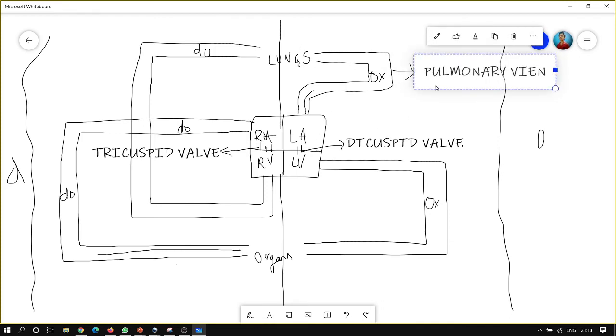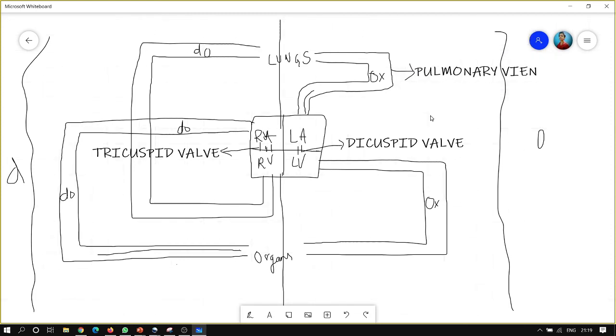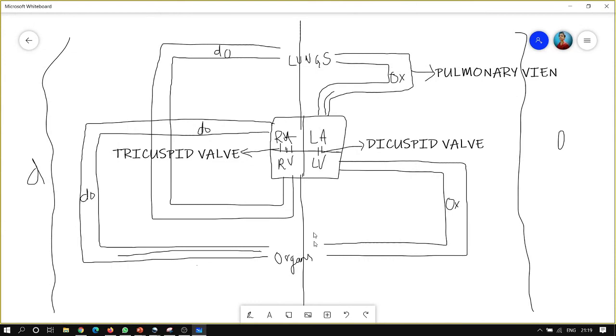You guys might be wondering, veins don't carry oxygenated blood, and yes, you are correct, but this is an exception. This is the only vein. A question might come saying, which is the only vein which carries oxygenated blood? You should answer the pulmonary vein. If my spellings aren't right, please excuse me. This whole part is known as the pulmonary vein.